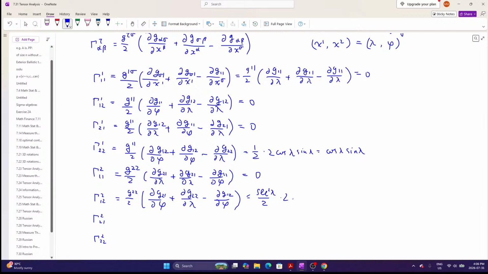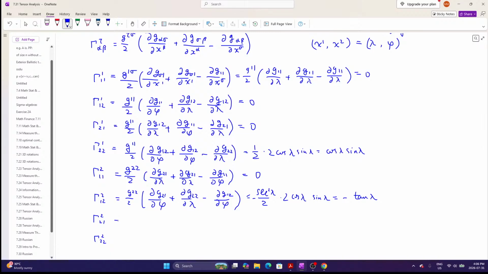So that's 2 times cosine of lambda sine of lambda. So 2 cancels, and, I forgot the minus, so it should be minus cosine, and one of the secants cancels, and secant times sine would be sine over cosine, which is tangent. This is minus tangent lambda.